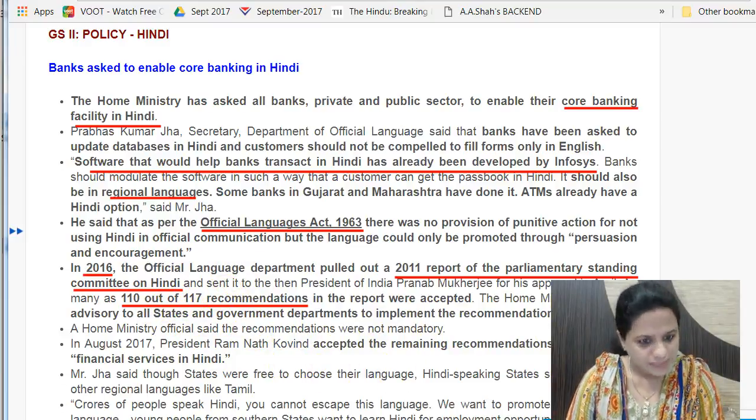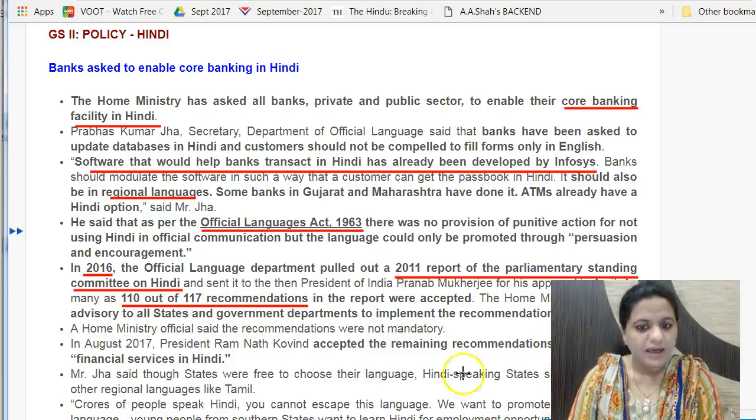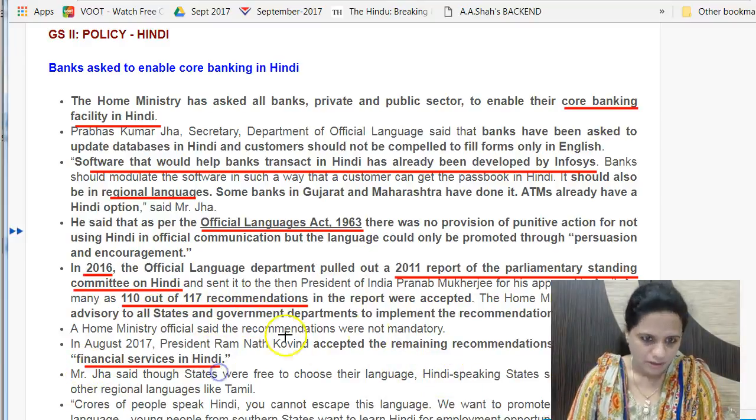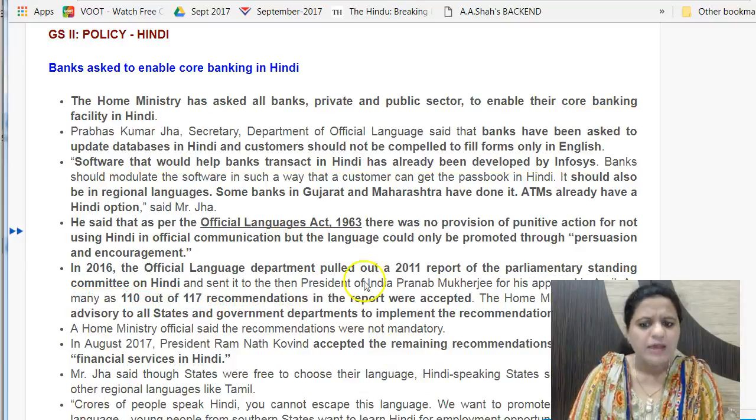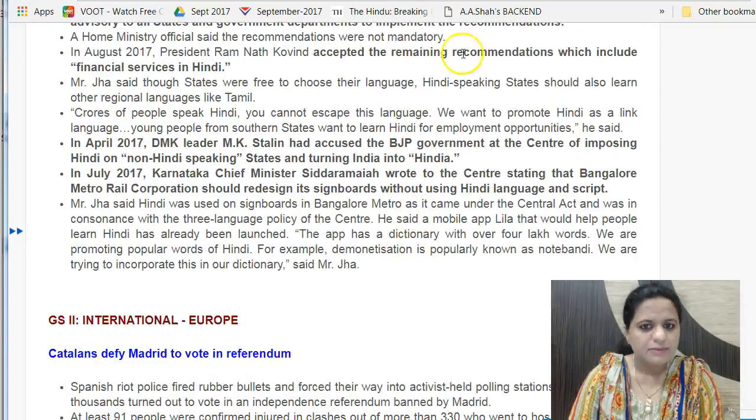Plus also we have seen some controversies. Other recommendations, as you can see, have also been accepted, and these are recommendations on financial services in Hindi. Now these are also being implemented. The President accepted these recommendations in August 2017. The other controversies with respect to the Hindi language are in the southern states.